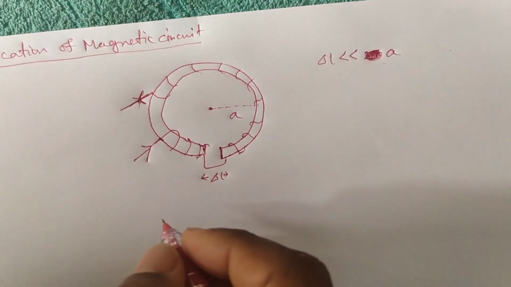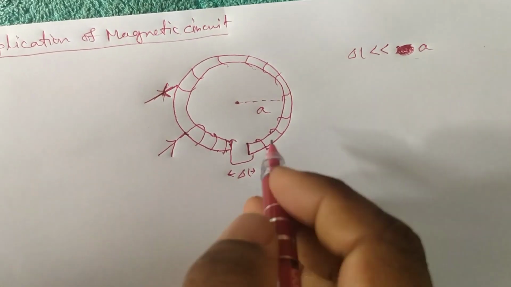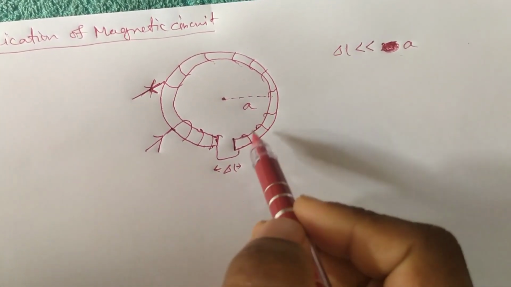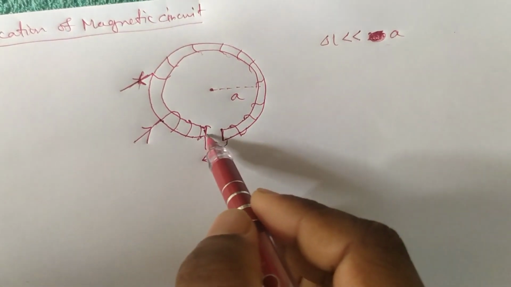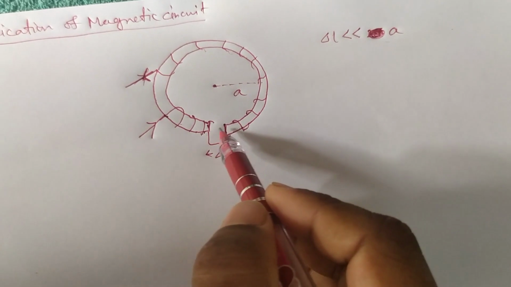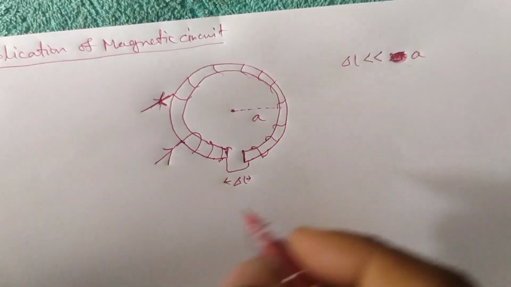Total reluctance of the circuit will be the reluctance of the solid path plus the reluctance of the air gap, because these two reluctances are in series.